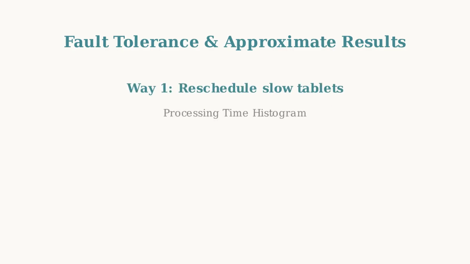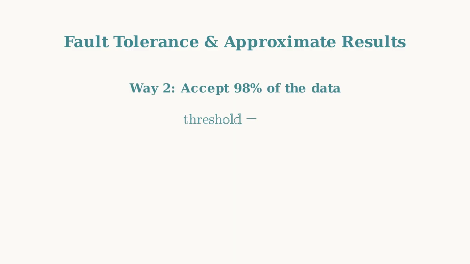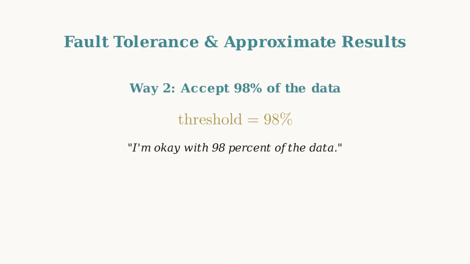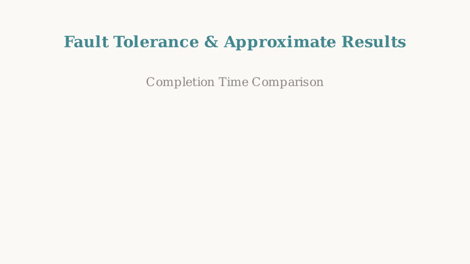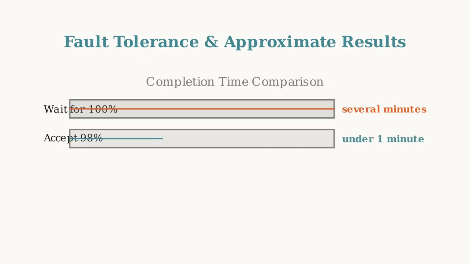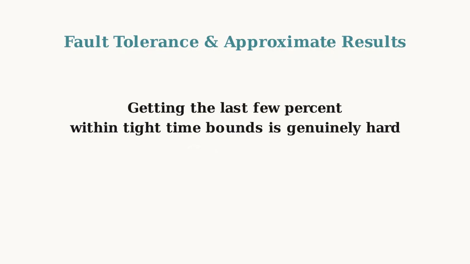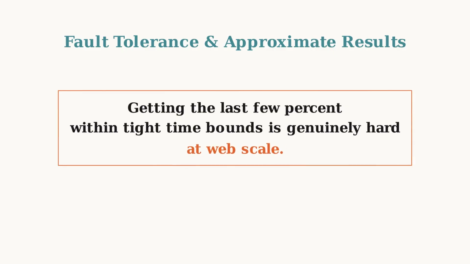It reschedules slow tablets onto other machines when a histogram of processing times shows one lagging behind. And it lets you say, I'm okay with 98% of the data. In practice, dropping from 100% to 98% can turn a multi-minute query into one that finishes in under a minute. Getting the last few percent within tight time bounds is genuinely hard at this scale.